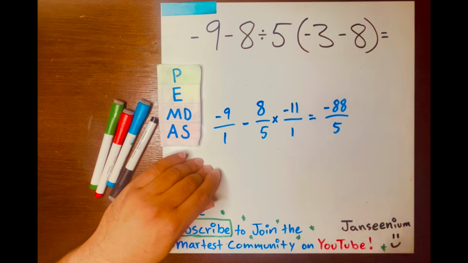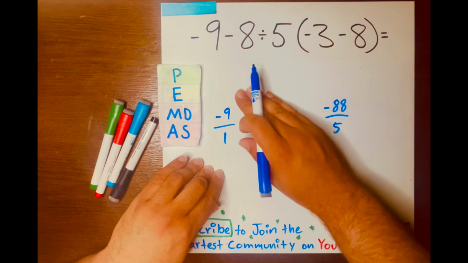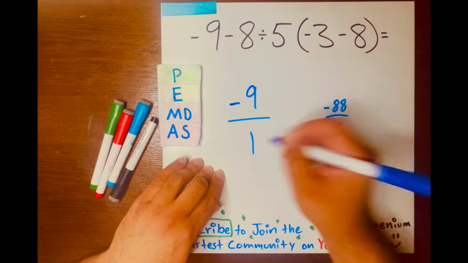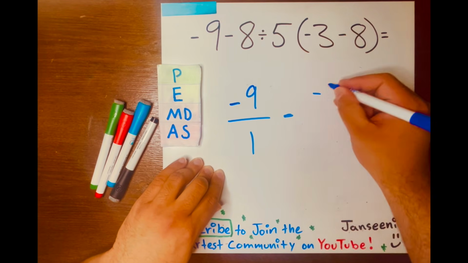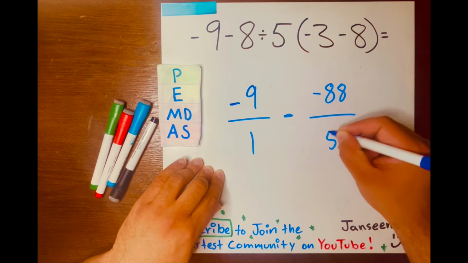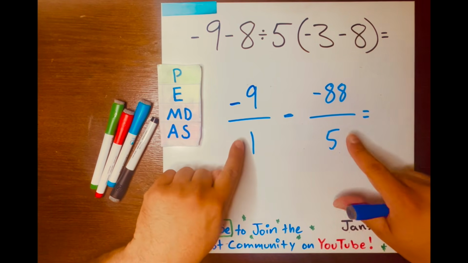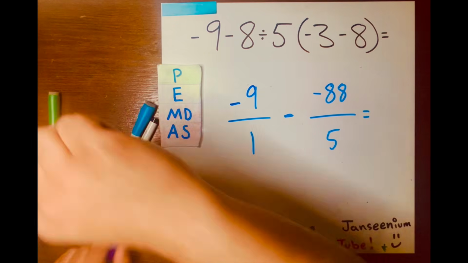And now we erase this, we don't need it, and I'll write the -9 over 1 minus -88 over 5. And notice the denominators are different, so I will use the butterfly method.